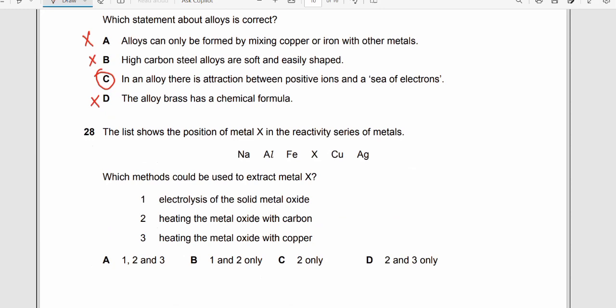The list shows the position of metals in the reactivity series. Which metal could be used to extract metal X? Electrolysis of the solid metal oxide.